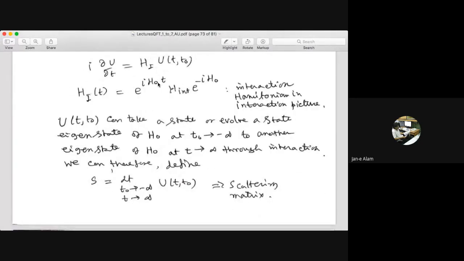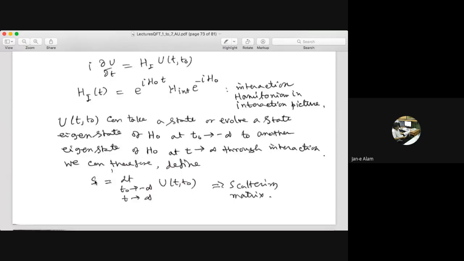This equation we have derived, and this u we have solved earlier. In the limit of t0 tends to minus infinity, that means when the particle is coming from the remote past, hitting the detector, interacting and then getting detected in the far future, this operator u in this limit becomes the scattering matrix.